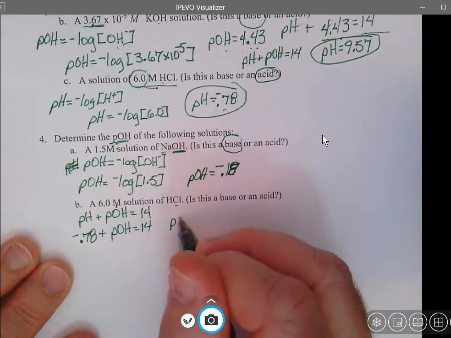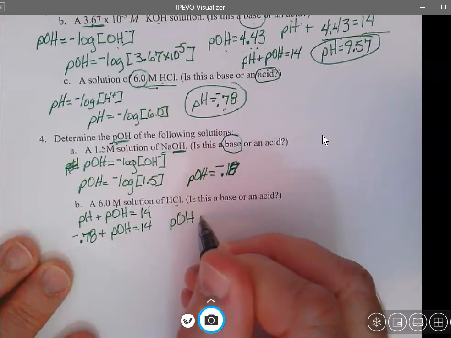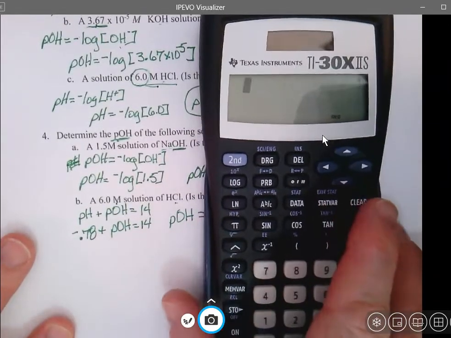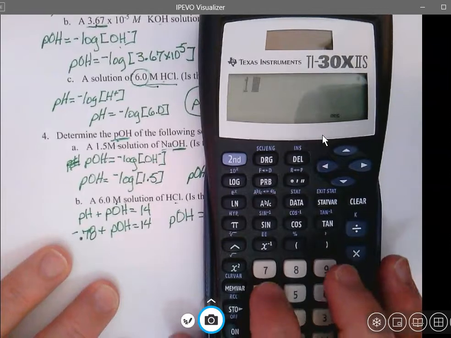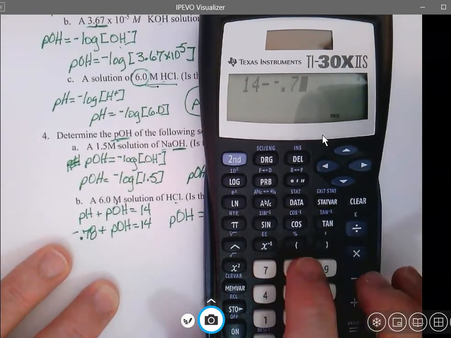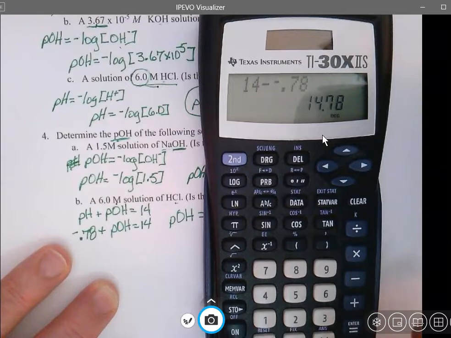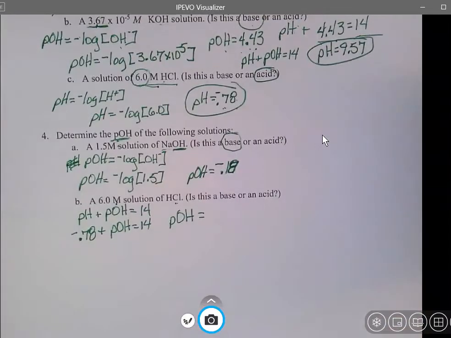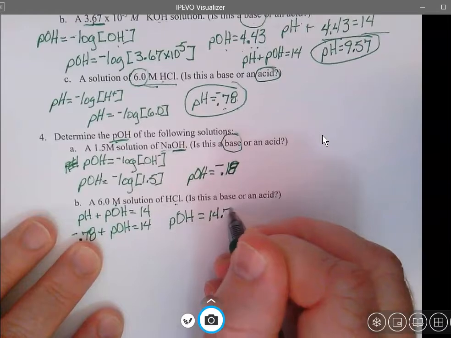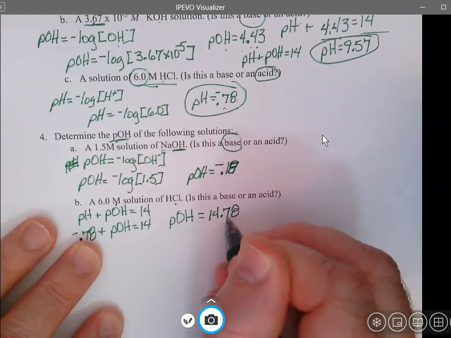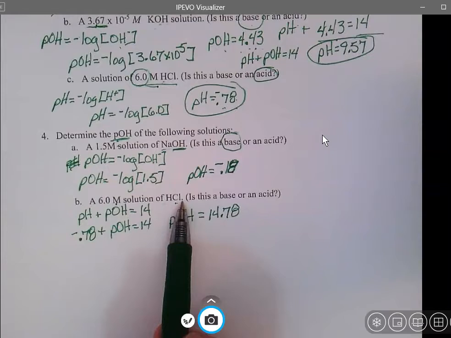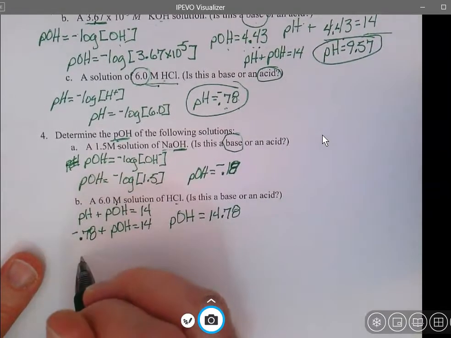That tells us that our pOH should be equal to 14 minus a negative 0.78. That tells us 14.78. Should be our pOH. Let's do this equation the other way and find out.